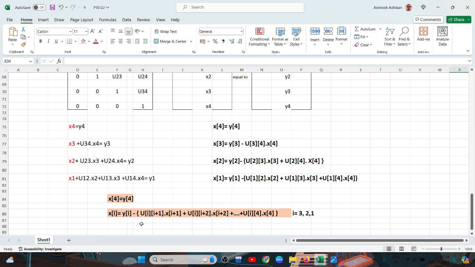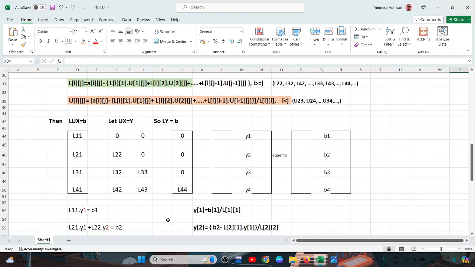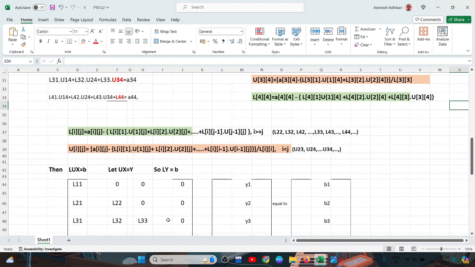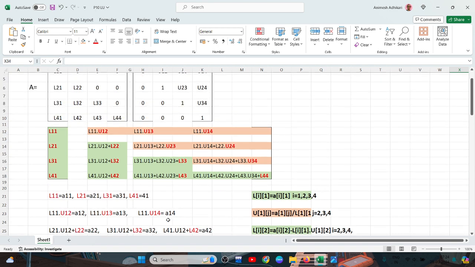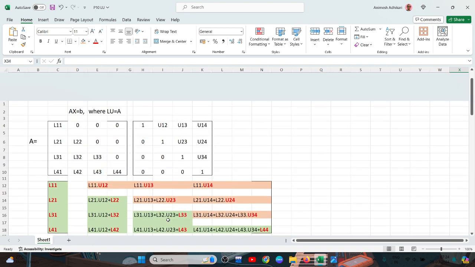Compactly we write xi equal to yi minus ui,i plus 1 x i plus 1, minus ui,i plus 2 x i plus 2, and dot dot ui4 x4. And we completely solved the system x1, x2, x3, x4. Here we solved the system of 4 equations and 4 unknowns for understanding the LU decomposition, Crout's LU decomposition method technique.